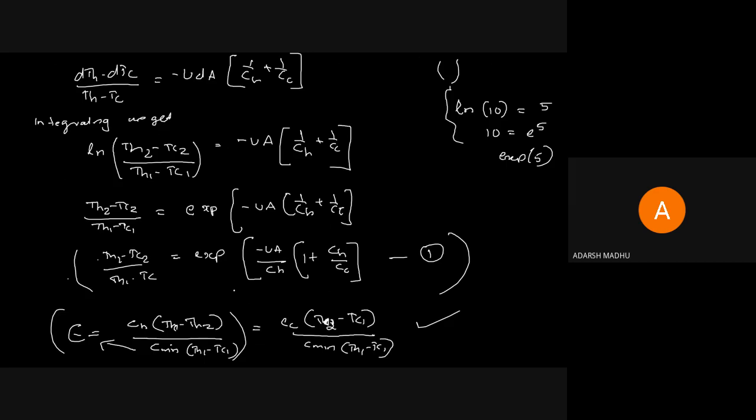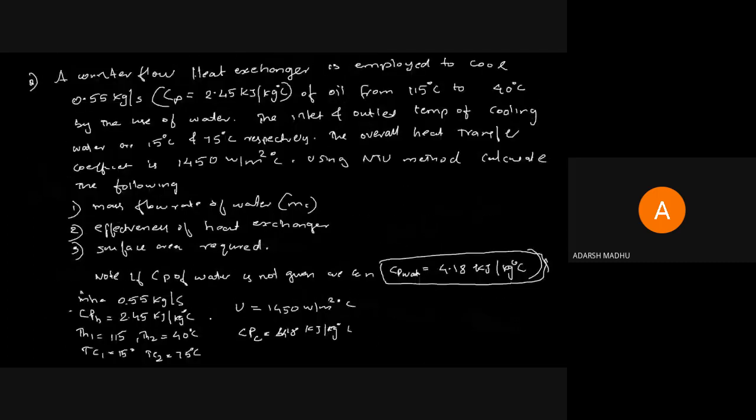You can use this equation or the other one to find the value of effectiveness. First we wanted to use the NTU equation, but we cannot because NTU is unknown. So we use the first equation, CH into TH1 minus TH2.